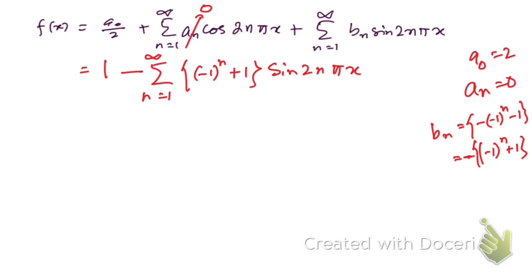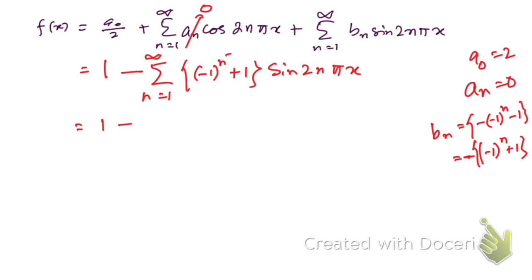Now putting n is equal to 1, what we will get, summation n. If you put 1 here, then minus 1 plus 1 cancel, so that term is going to be 0, right?